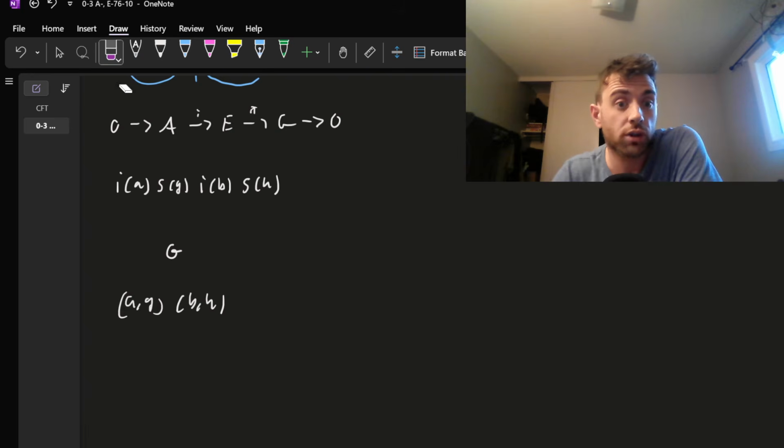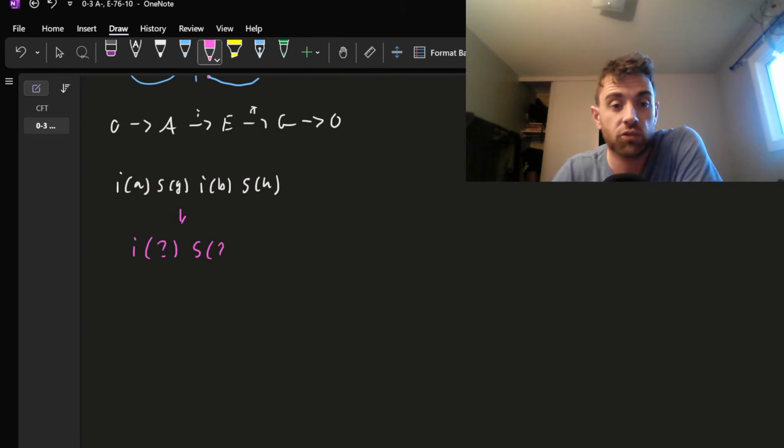That trick worked for us last time in the case of the semi-direct product. Why wouldn't we try and apply that trick again? The goal would be to rewrite this as I times something times S times something, right? That would get us back this sort of product formulation. So why don't we try that trick again, since it worked so well for us before? So here we're going to do the same thing.